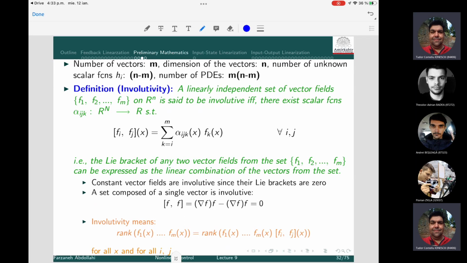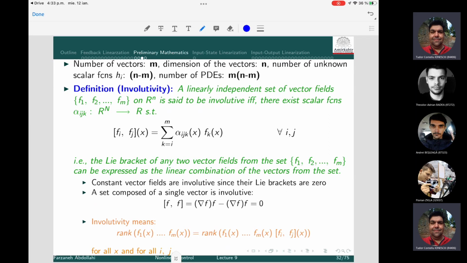Definition of involutivity: a linearly independent set of vector fields is said to be involutive if and only if there exist scalar functions like this. The Lie bracket of any two vector fields from the set is a linear combination of the vectors of the set, and it's also a member of the set.